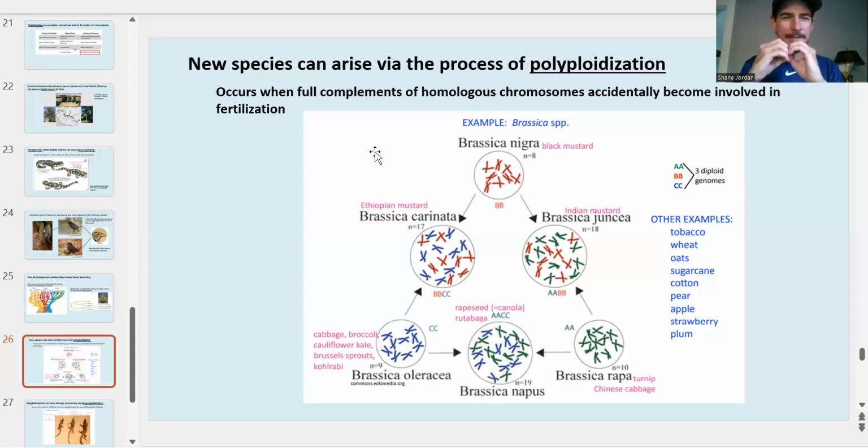Now the offspring is going to have twice the normal number of chromosomes. And so instead of forming a diploid offspring as we would normally expect, we now have a tetraploid offspring formed. And by virtue of carrying different numbers of sets of chromosomes, we would call this offspring a new species.